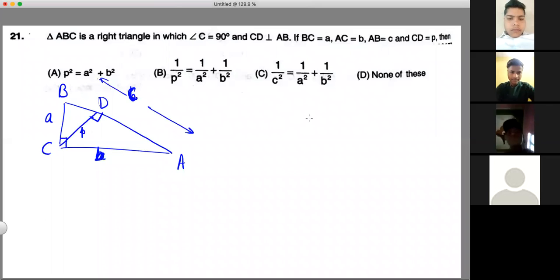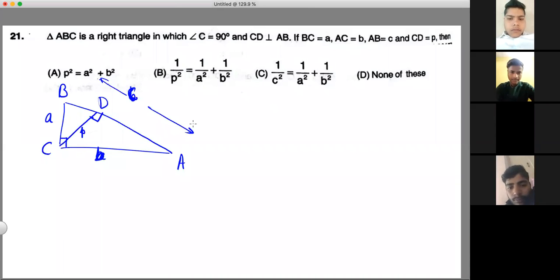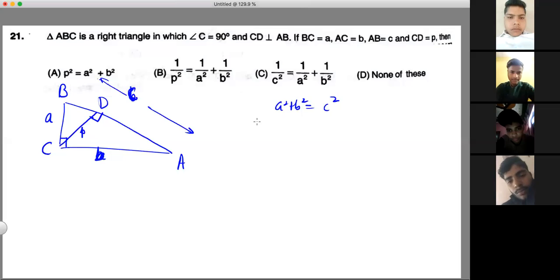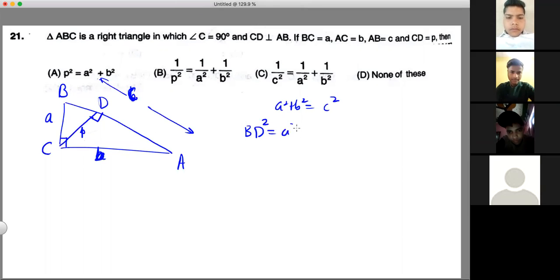Okay, so what do we know? We know there are ratios available to us. We know a square plus b square is equal to c square, right? And what about p? Now we know that BD square is equal to a square minus p square, right?